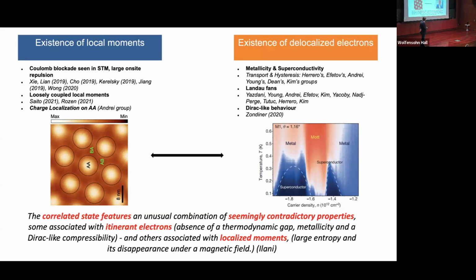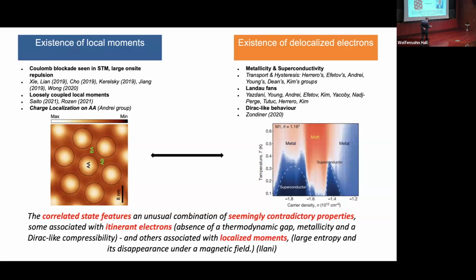It tells you that the correlated states feature a combination of contradictory properties, some associated with itinerant electrons, such as these ones, and others associated with localized moments.